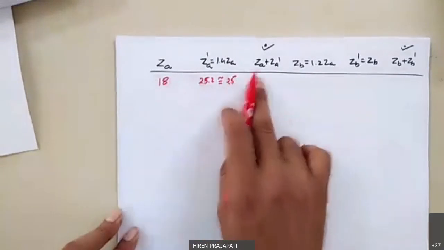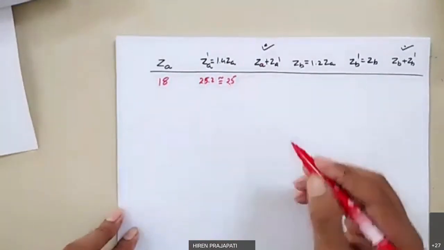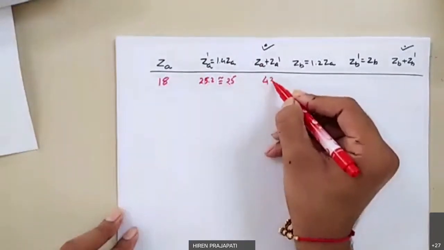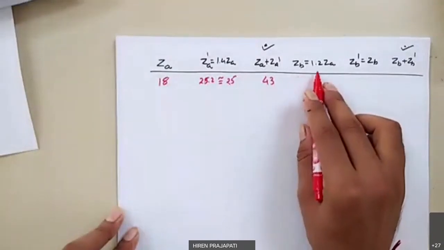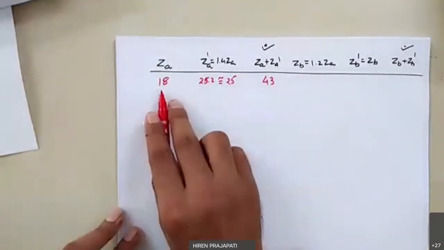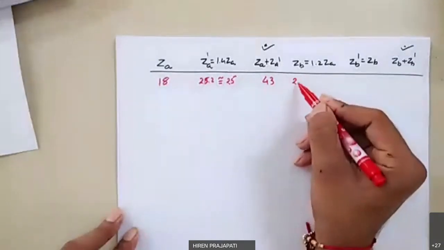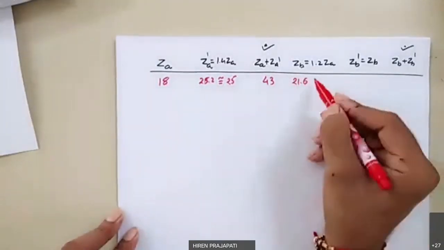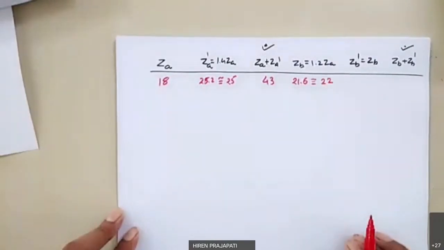Then take the sum of these two for the next column: 18 plus 25 is 43. Next is ZB, which is 1.2 times ZA. So 18 into 1.2, we again get a fractional value, 21.6. If we round off, this becomes 22.